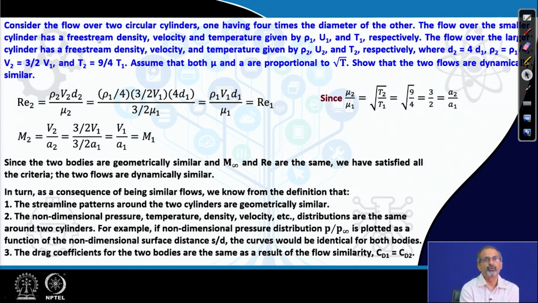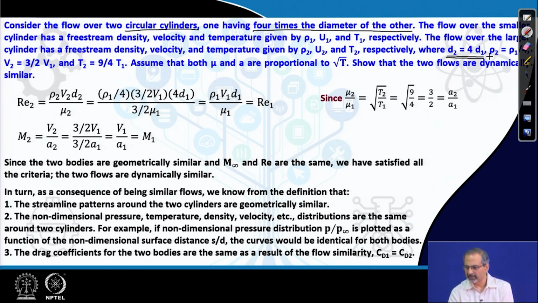Let us consider flow over two circular cylinders, one having 4 times the diameter of the other, and the flow over the small cylinder has a free stream density, velocity and temperature given by rho 1, u 1 and T 1 respectively, while the flow over the larger cylinder has a free stream density of rho 2, u 2 and T 2 respectively, where of course, the second cylinder has 4 times larger diameter compared to the first.